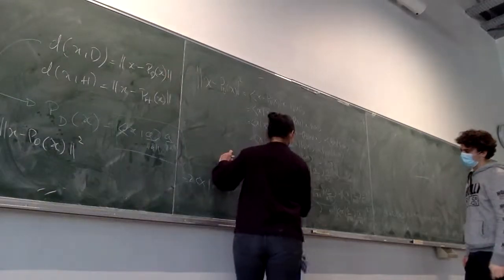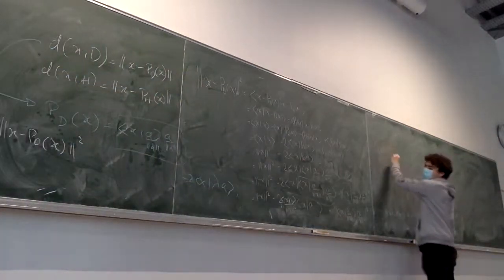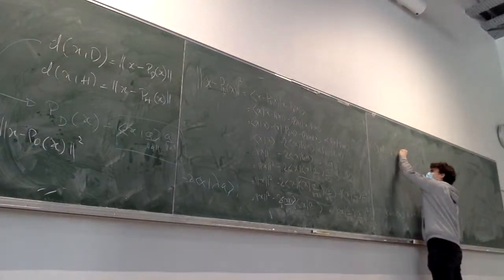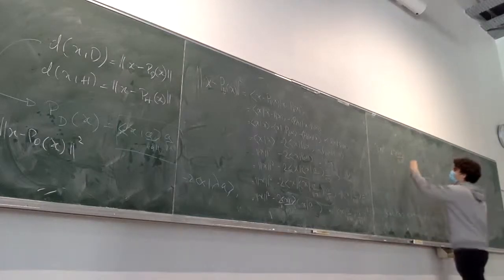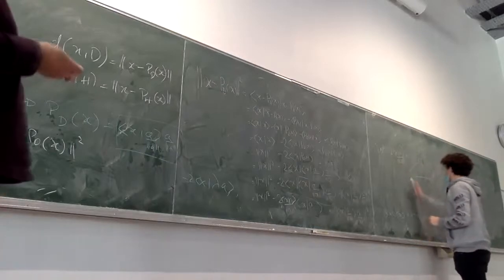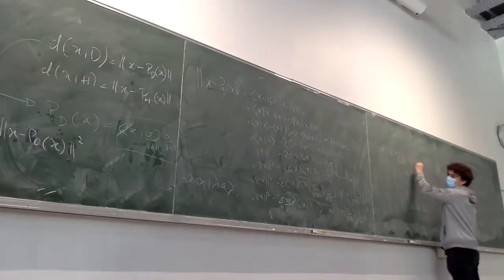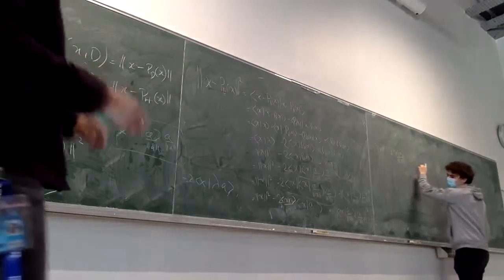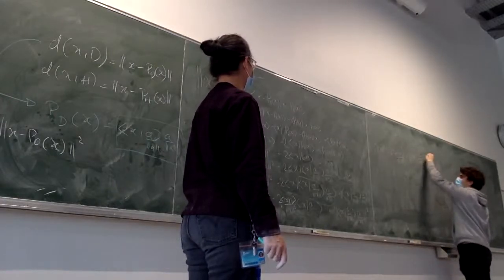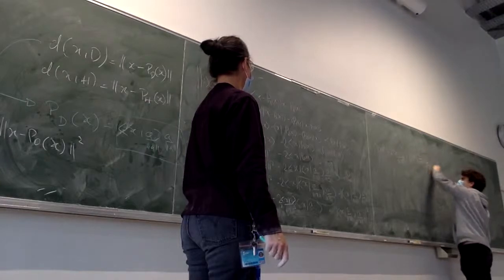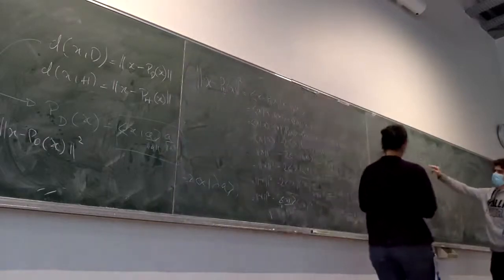It's just the square of the scalar product of x with a. Again, we will be able to simplify that.